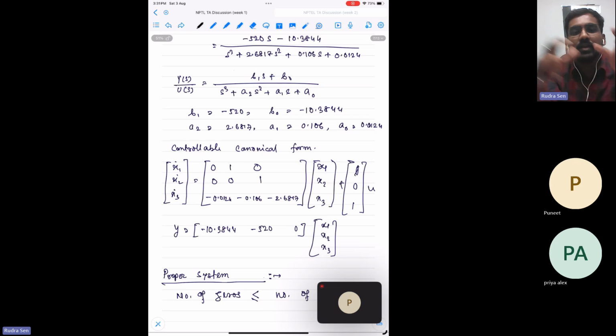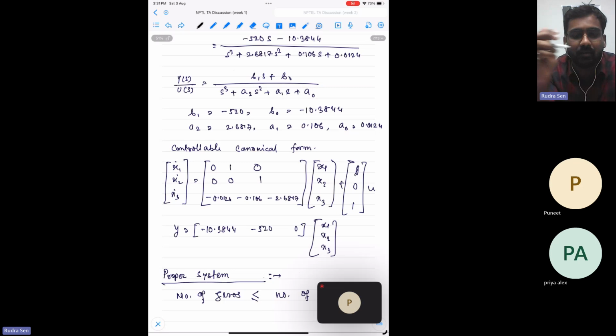Once we design the observer and put it in the system, we can say that this observer estimates the actual state, not exactly. It is not possible that the estimation and the actual state are completely exact, but there is some error which can be ignorable.